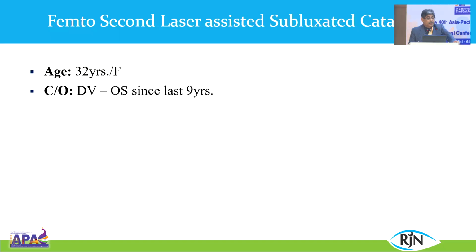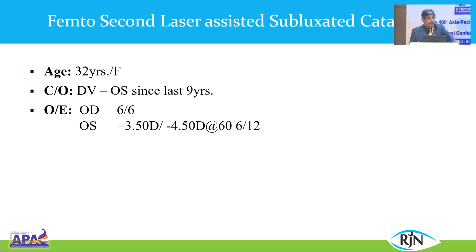This is a very interesting case. A 32 year old lady came to me, complaining of defective vision since last 9 years. On examination, her vision in the right eye was 6/6, but in her left eye, her vision was improving to 6/12 with myopic correction and myopic astigmatism of 4.5 diopters.